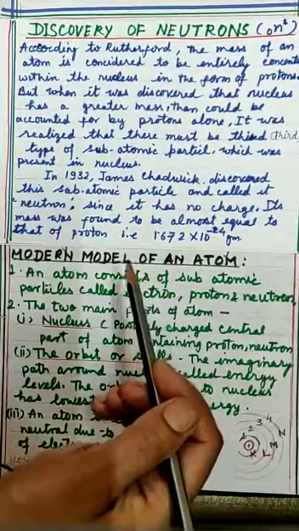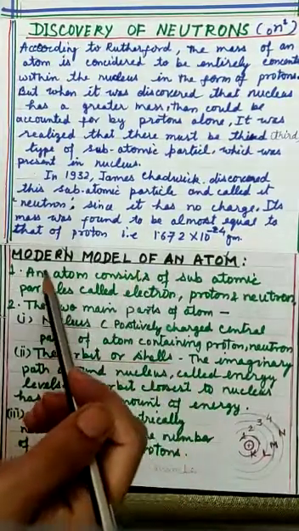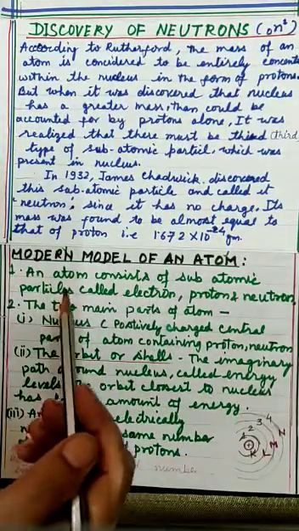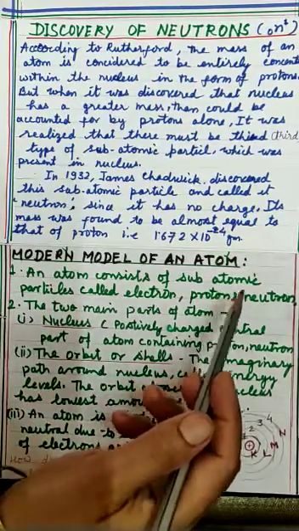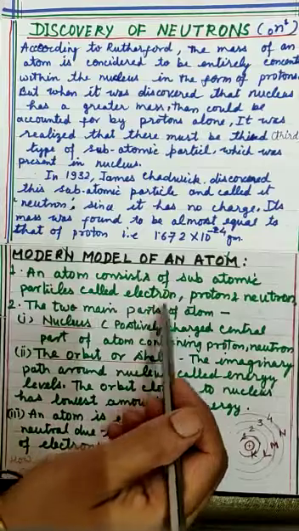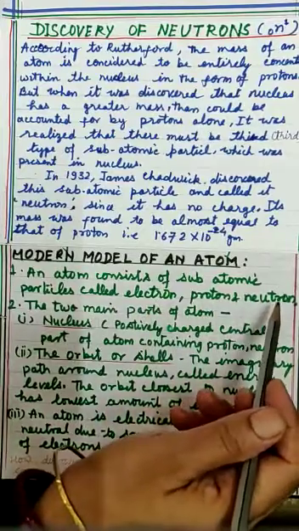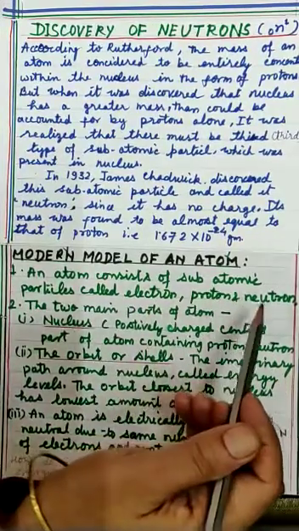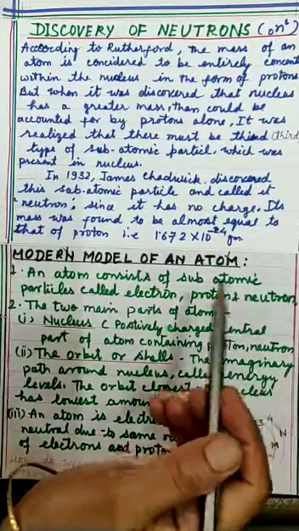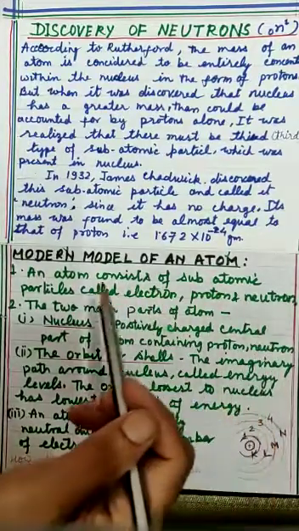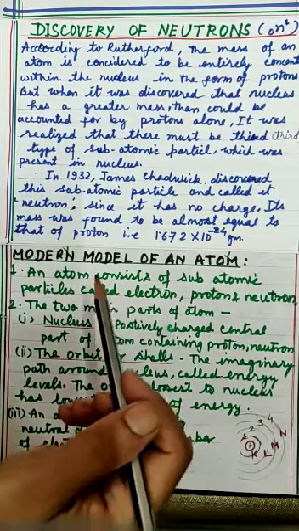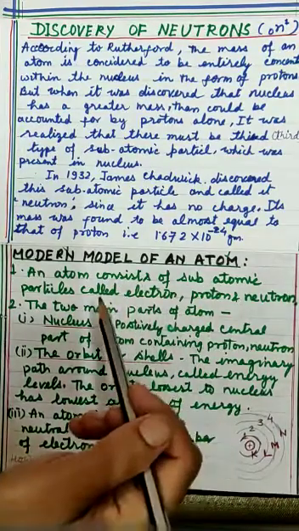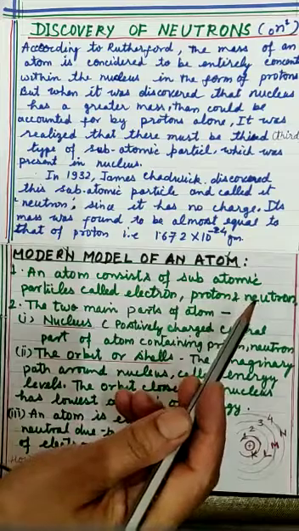According to this modern standard model of an atom, we have these main properties. First, an atom consists of subatomic particles called electrons, protons and neutrons. These particles are part of the atom of each and every element, with the only exception of hydrogen, which has only a proton and an electron but no neutron.